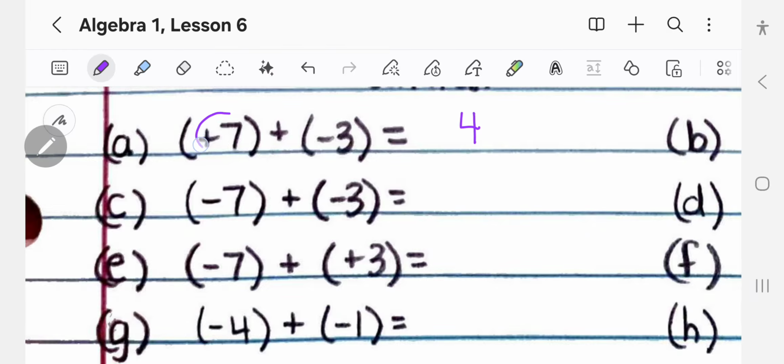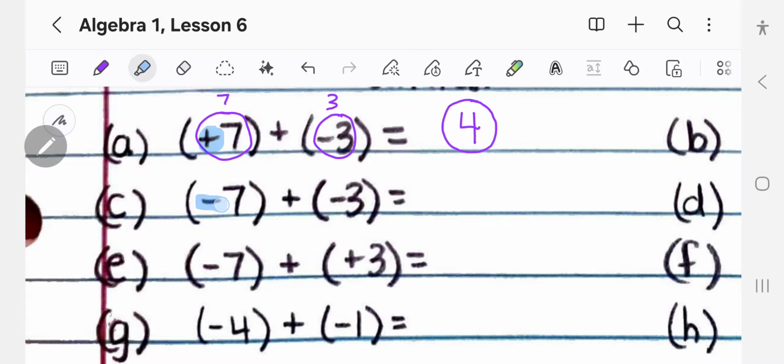Well, 7's absolute value is 7, and it's larger than the absolute value of -3, which is just 3. So I'm going to take the sign of the one that had the largest absolute value, and that one would be a positive. So this is +4. And again, if you think number line, we went further to the right, the positive direction, than we went to the negative direction.